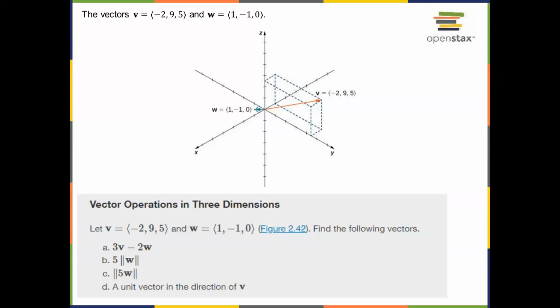All right. So vector operations in 3 dimensions. Here they give you a vector v and a vector w, and then they want you to find the following vectors. I do think it's neat that they don't say find the following solutions or find the following answers. They want you to know that when you're working with vectors, your results will be vectors.